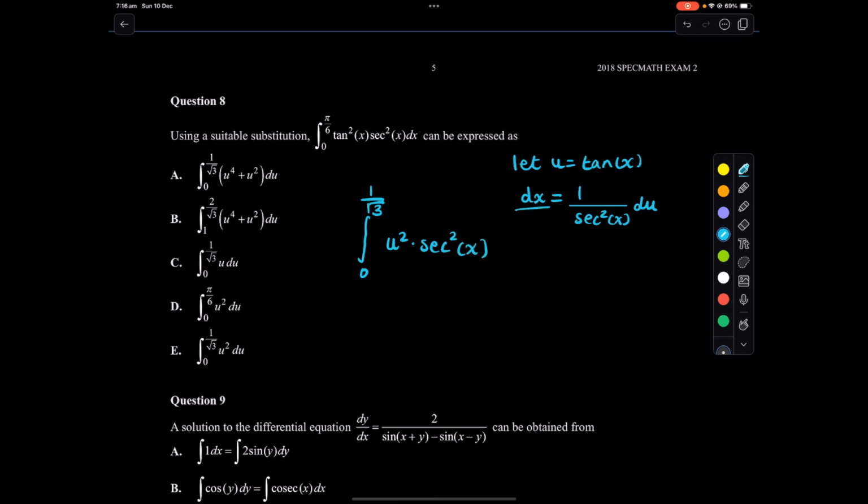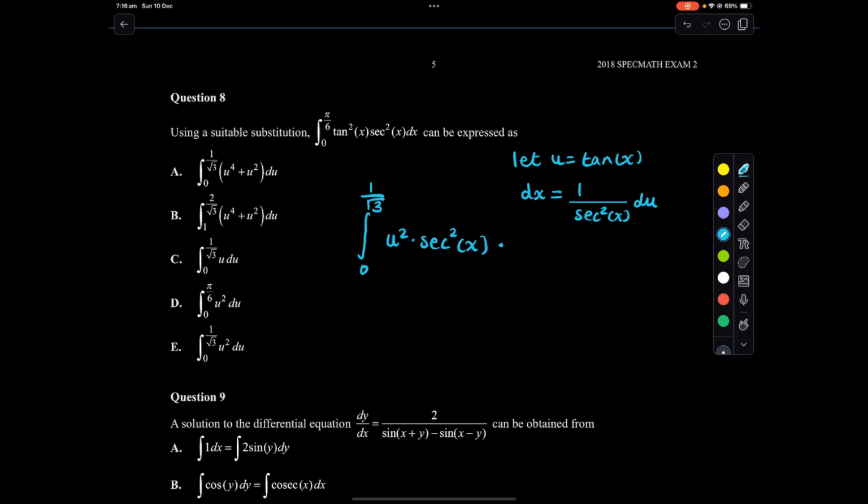And dx is 1 over secant squared of x du. Hence we can cancel those out, hence we get a final expression, u squared du, which looks like the easier answer.